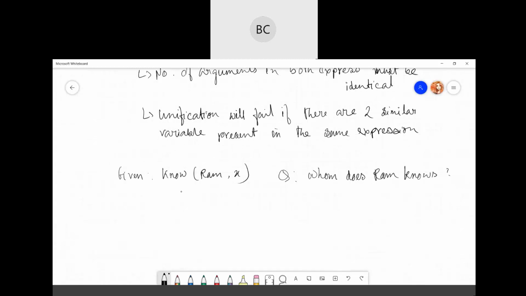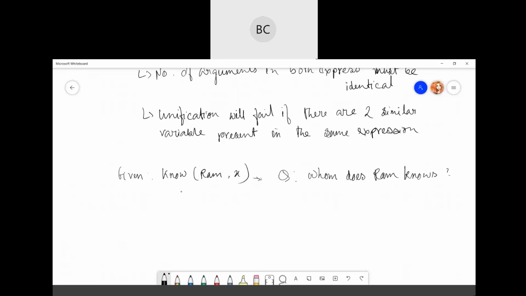Basically, if a sentence is given, your knowledge base will try to relate this new fact with any other stored fact and unify it so that it can conclude a meaningful sentence.